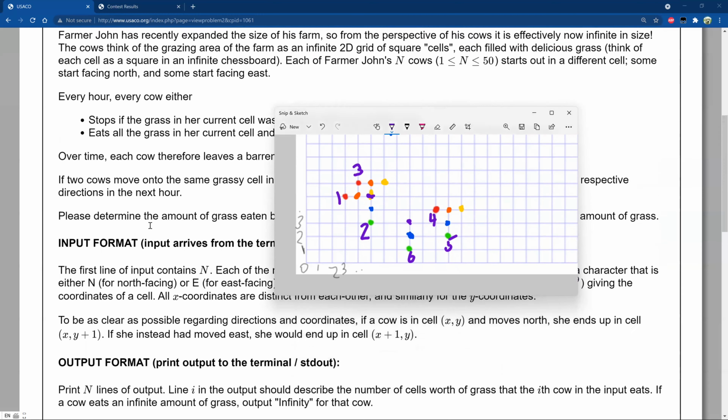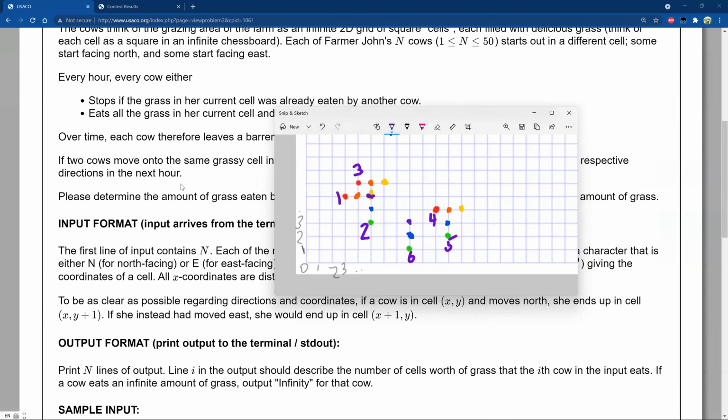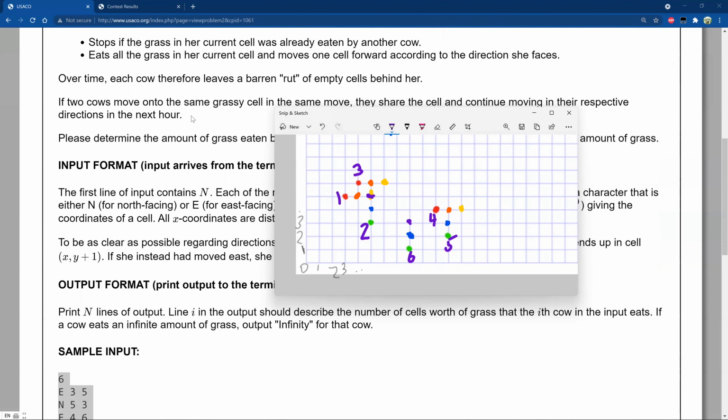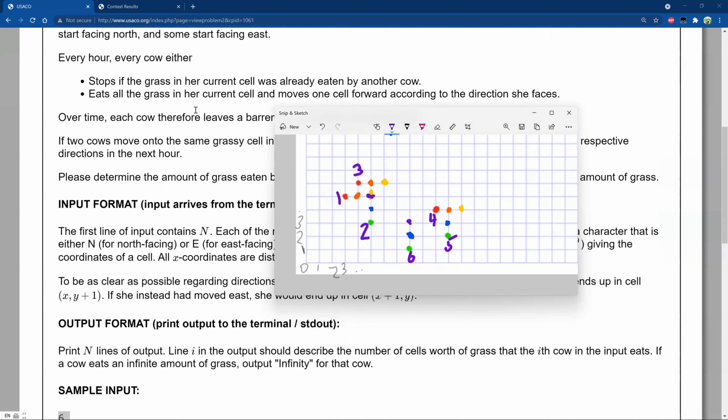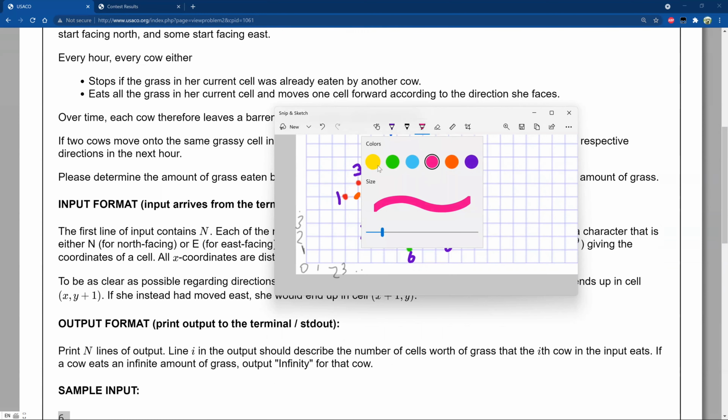So let's reread the problem again. It stops if the cow is in its current cell. So it will move over here, but it will not be eating anything. So it will only have eaten 2, this and this, and it will stop.